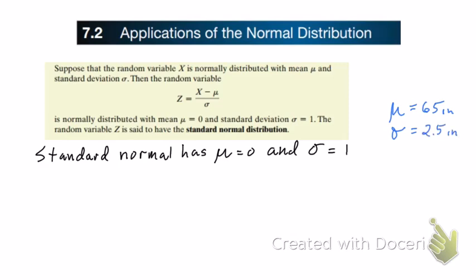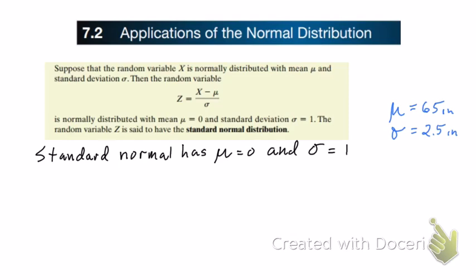That's not 0 and 1. So a z-score says, all right, if you put your values into this z-score, I can convert your mean and standard deviation into the standard normal one.